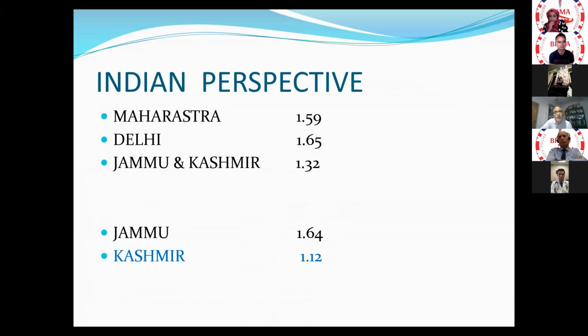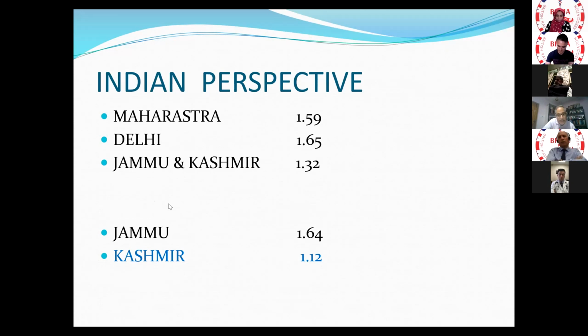And from an Indian perspective, the case fatality in Maharashtra is 1.56 and Delhi overtook it at 1.65. In Jammu and Kashmir, it is 1.32. I calculated for Jammu and Kashmir, these being 2 different regions, for those people who don't belong to J&K.